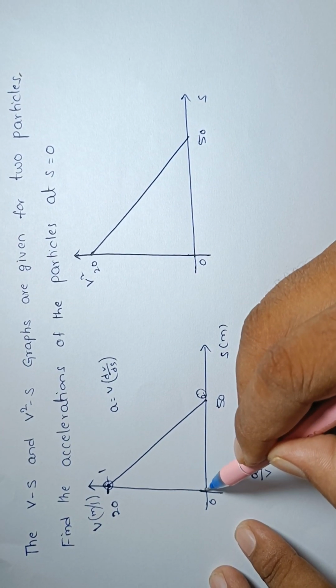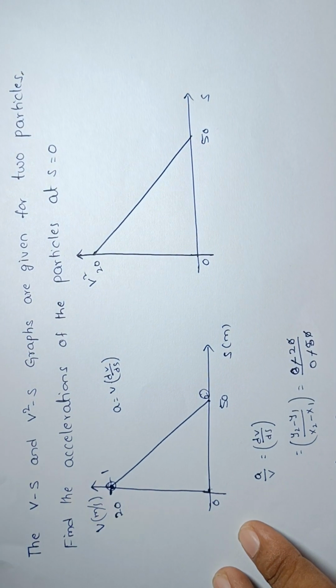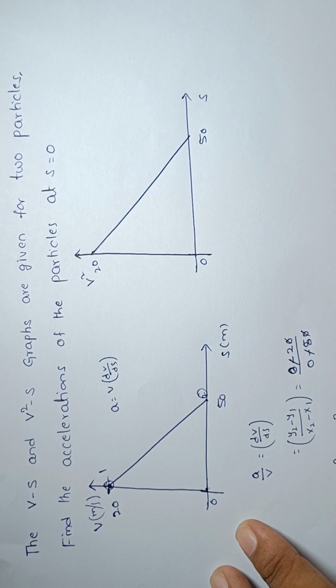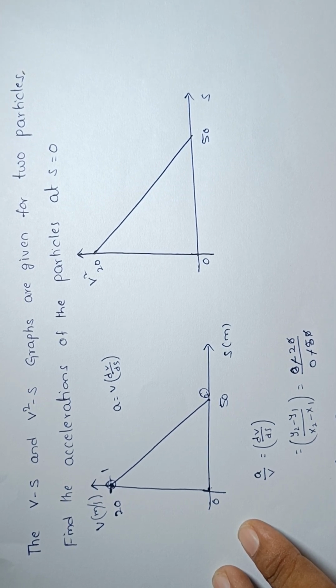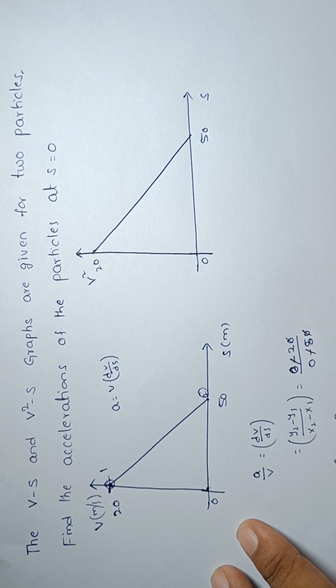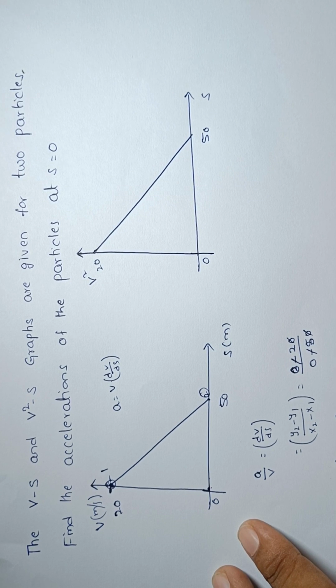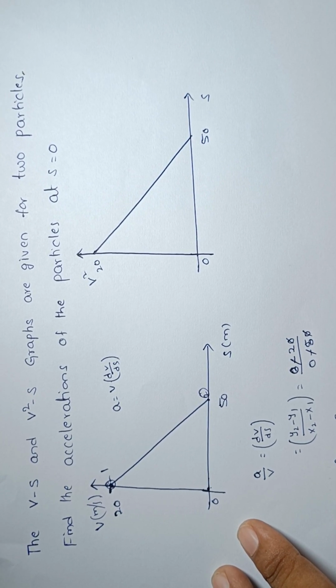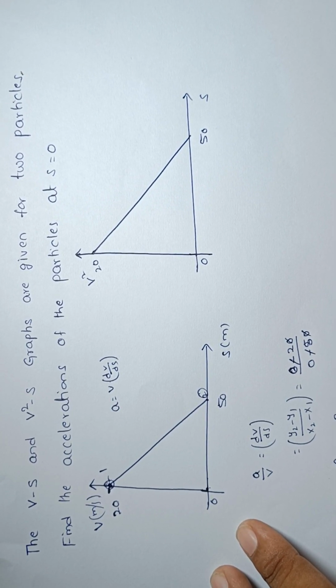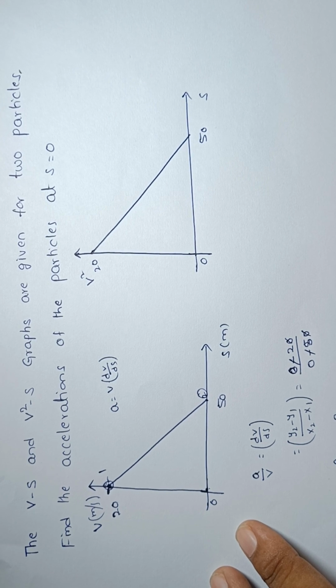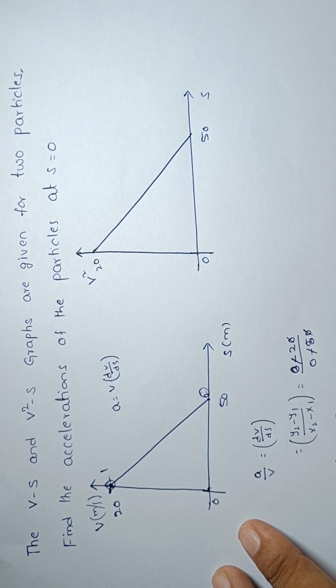At s value 0, v value is 20. That's why we can write 20 into 2 by 5. 5 ones are 5, 5 fours are 20, 2s. This is 8. So a equals, you are going to get 8 meters per second square.